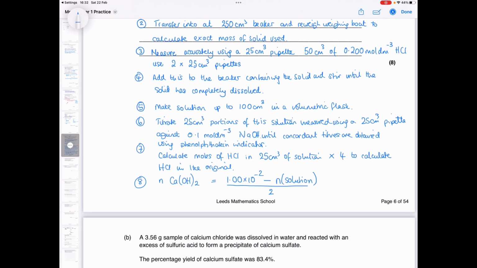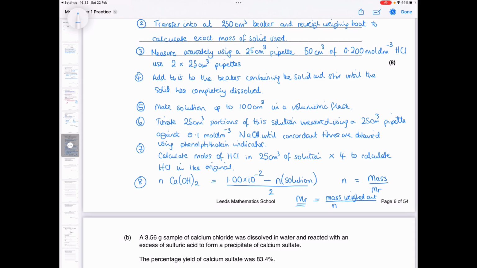Okay, and we know how much mass we had. What we know is that the number of moles is equal to mass over Mr. So therefore, if we take the mass divided by the number of moles we've calculated, the mass being the mass that we weighed out, which is close to 0.2, divided by the number of moles we've calculated, is going to equal the Mr that we're trying to calculate.